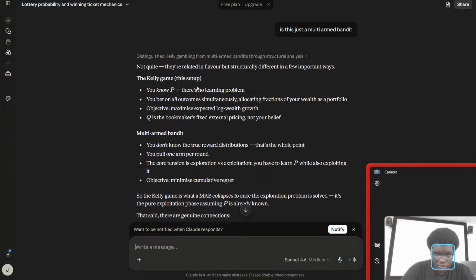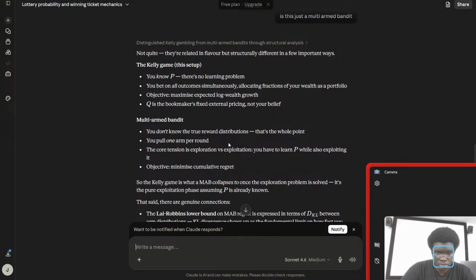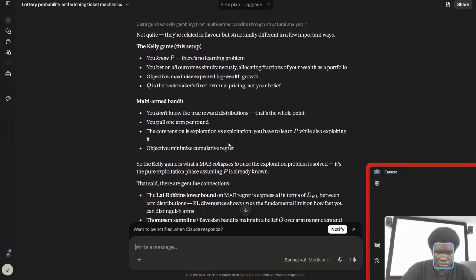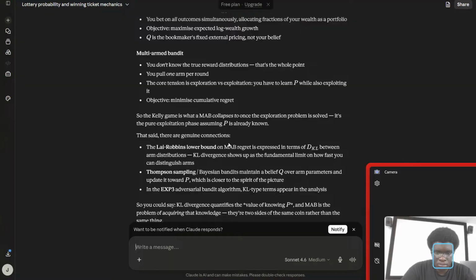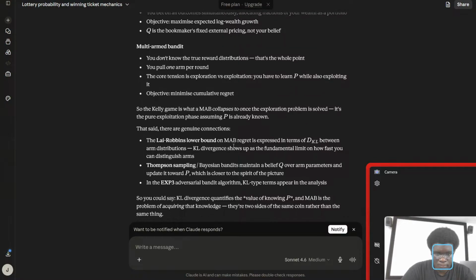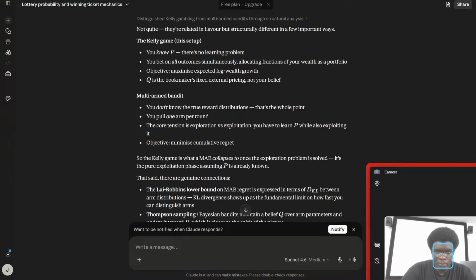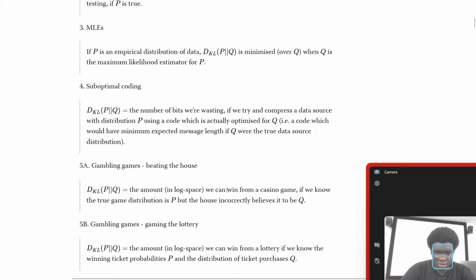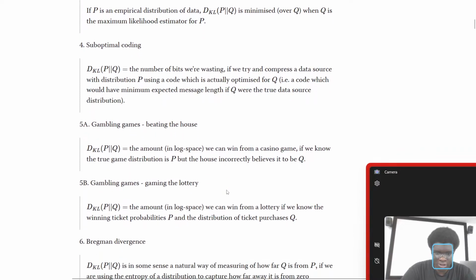Okay. Okay, so it's slightly different from a MAB. Okay, I'll have to come back to this one because I don't quite understand it.